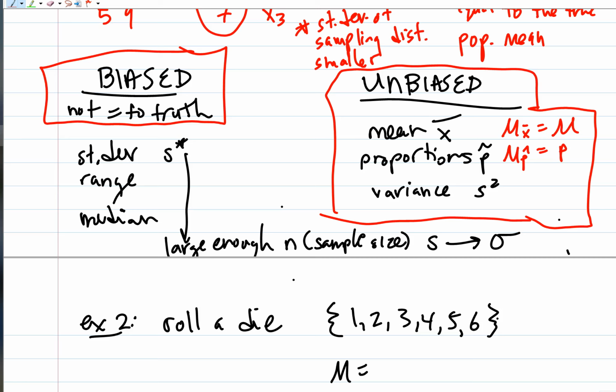Okay? Variances are unbiased, and that's another one we use. We're not going to be using this specifically in this class, but variances are unbiased. They will estimate the truth. But these are the two that we're going to be focusing on the most in this class. So like I said, a lot of the homework is just going to be you verifying this. I want you to see that, but when we're using these in the future, means and proportions we can use to estimate the truth. Okay?